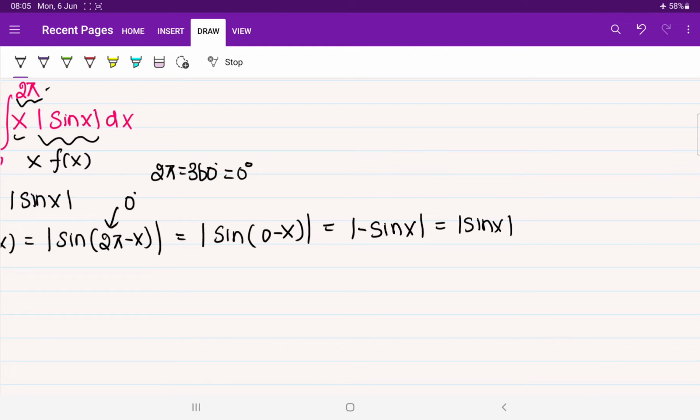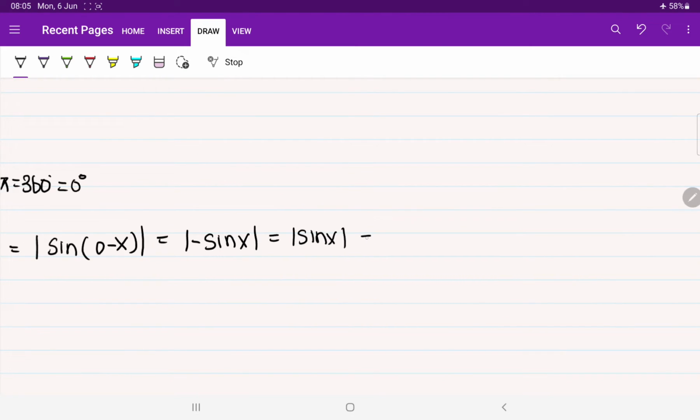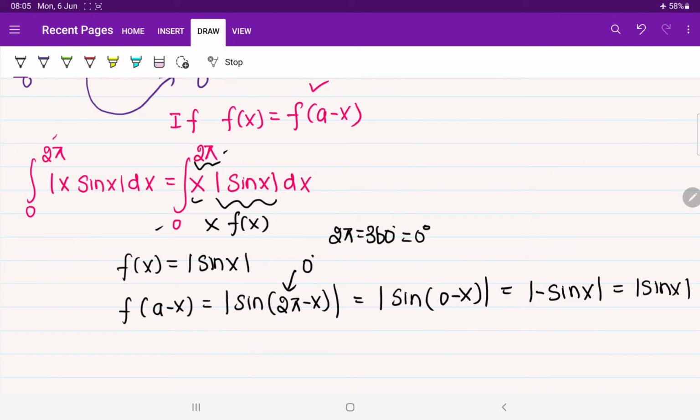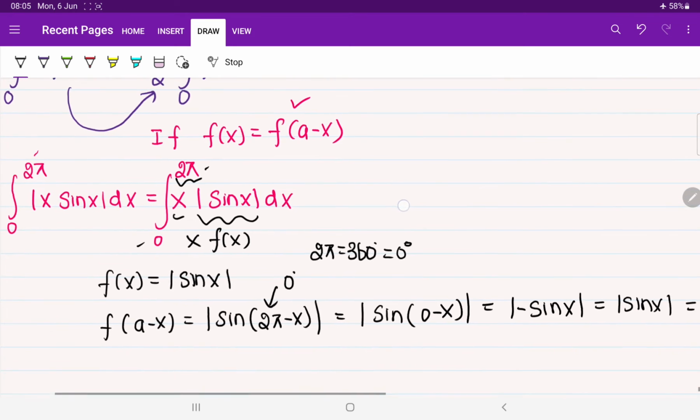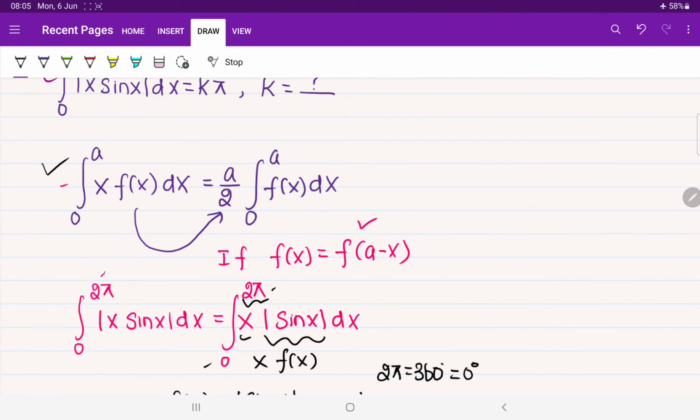Since this minus sin theta lies under mod, I can simply write it as mod of sin x. So what is the conclusion? F of a minus x is equal to f of x or not? Yes sir. When this property is satisfied, you can go back to the function and replace. I told you, if this condition is satisfied, then you can apply property number 1.